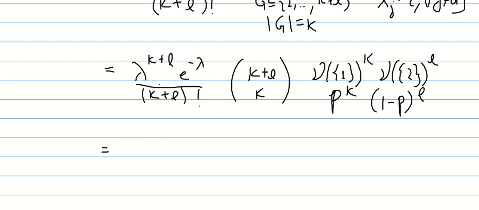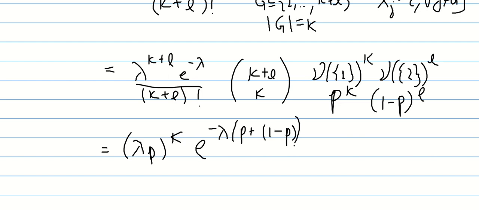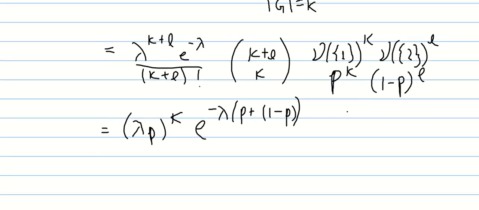So now we can group the things together. So lambda to the k groups with the p to the k, and it becomes lambda p to the k. e to the minus lambda, I'm going to write it as such, which is kind of silly, but it works. The binomial coefficient, we're going to write it explicitly.